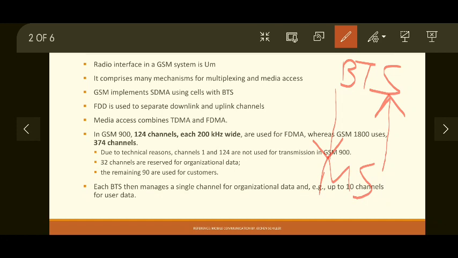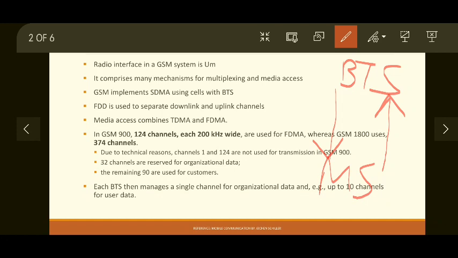Then for multiple access, GSM uses a combination of TDMA and FDMA. So how users are going to access an individual channel depends on the combination of FDMA and TDMA. In the GSM 900 MHz spectrum, which is followed in India, there are a total of 248 channels, 124 channels for downlink and 124 channels for uplink.